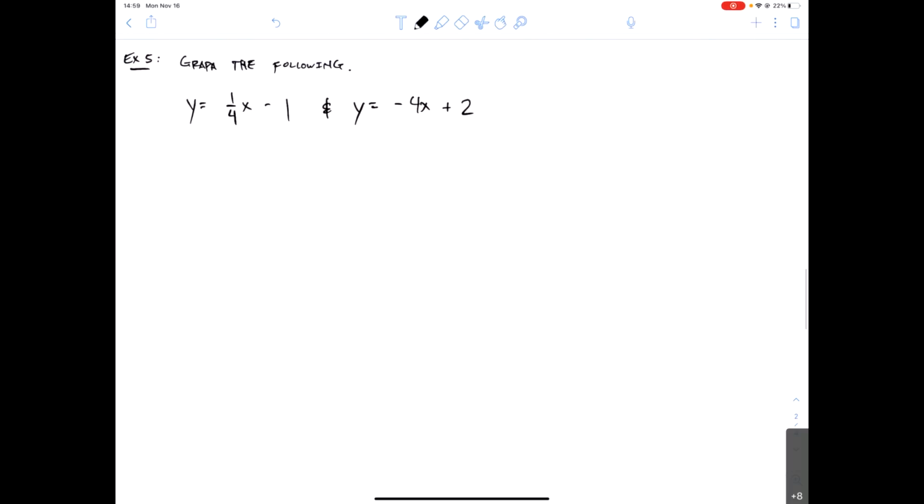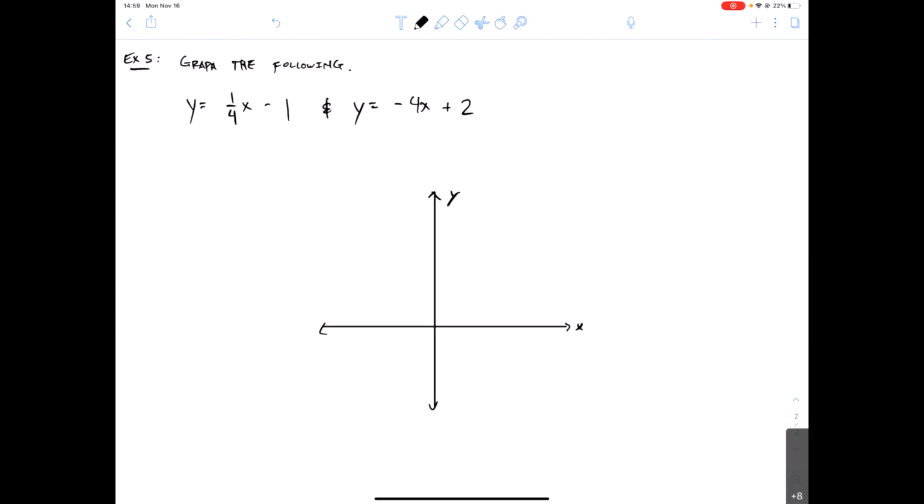So let me draw this graph now. Here's a coordinate plane. Again, same philosophy, y, x.